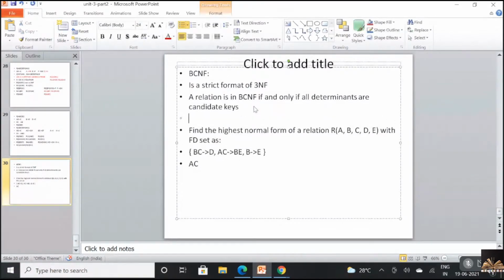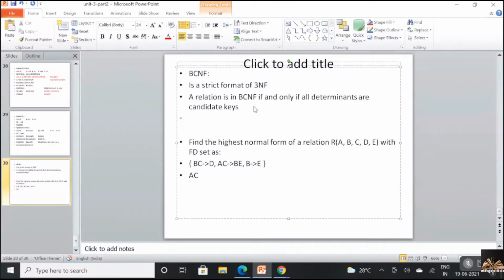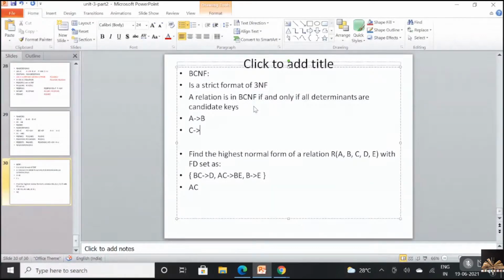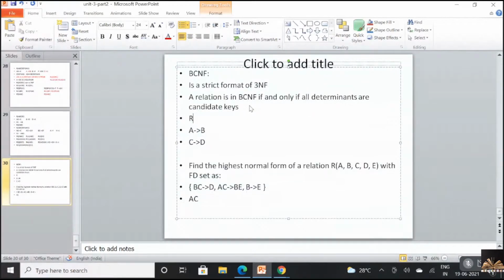So what do I mean by that? If I've got FDs A implies B and C implies D, then this particular relation R(ABCD) is in BCNF if for these two functional dependencies A and C are the candidate keys.